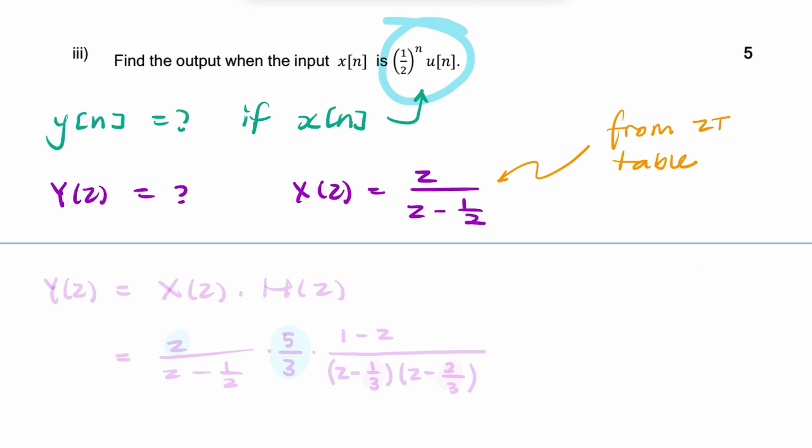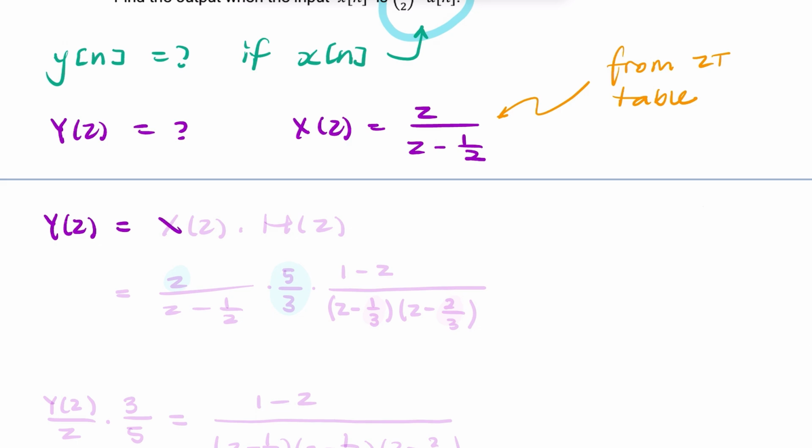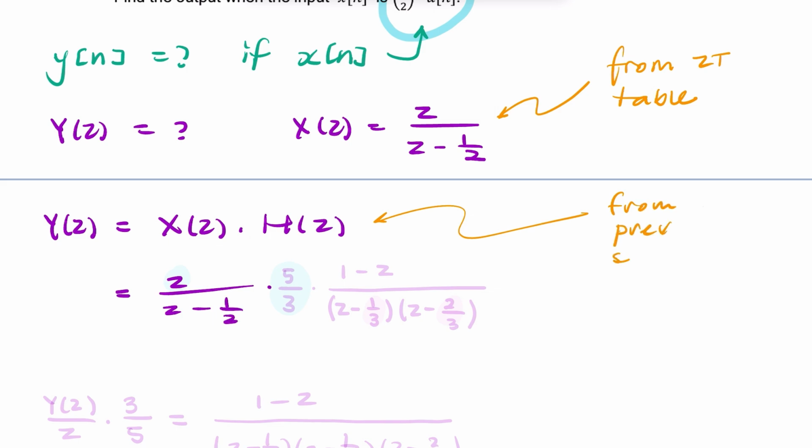And as we said earlier, y of z, by definition almost, is x of z multiplied by h of z. X of z is z over z minus 1/2. So it's very similar to what we just did. I'm going to multiply by the expression we found earlier for h of z.